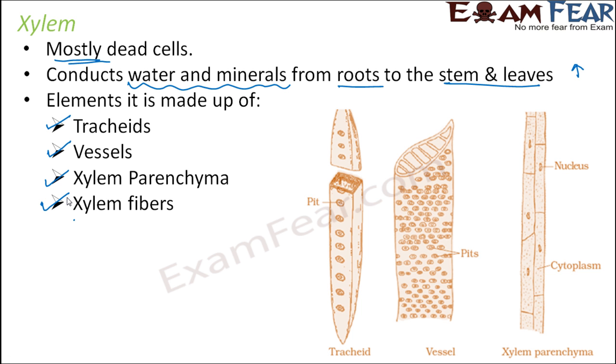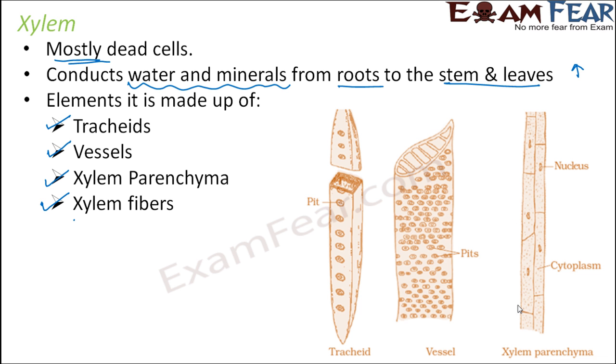In this picture, you can see how each of them looks. A tracheid looks like a tubular structure, quite thin with tapering ends, right? A vessel looks a little wider. However, this is also a tube-like structure. We see some dotted, pore-like structures.